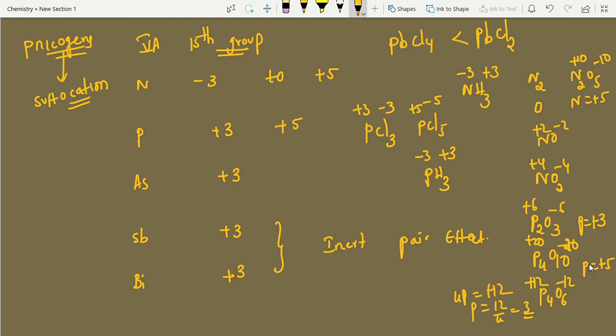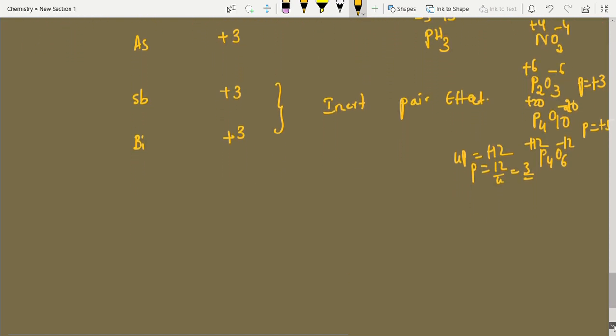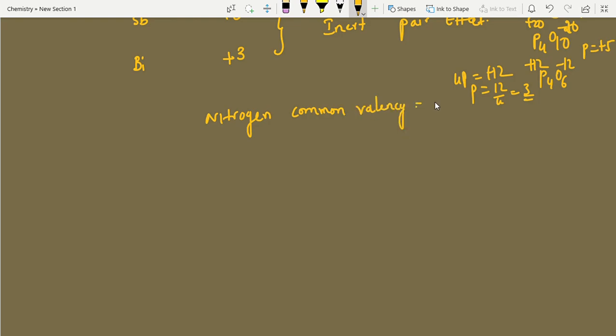Even nitrogen also. And for nitrogen, I am writing some important points here. Depending on the question, we have to give the answer. Nitrogen, common valency is 3.